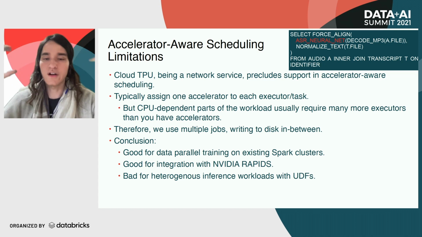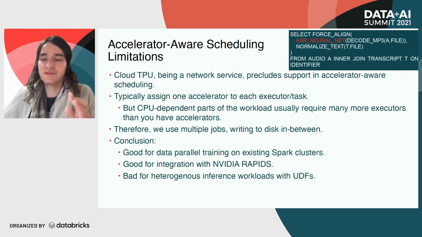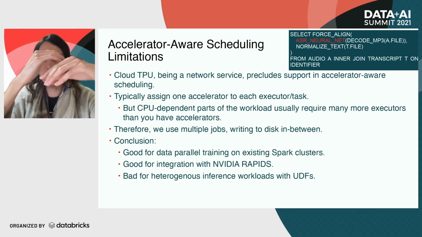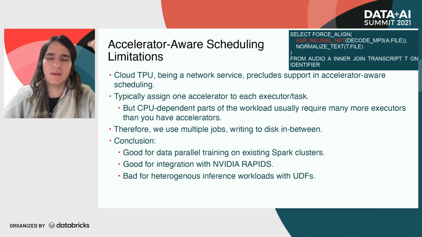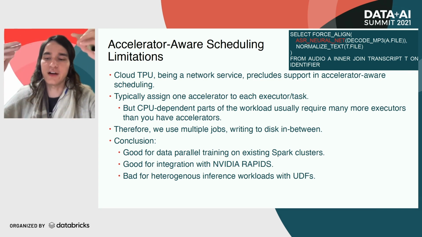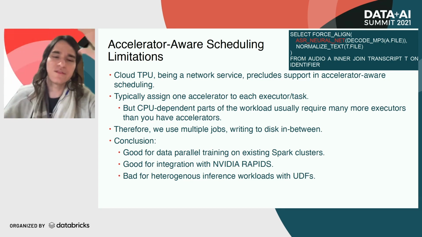So if you just want one single workflow in Spark, like one single Spark job, streaming each stage into the other, that doesn't usually work too well, because if you need like 100 CPUs for your CPU jobs, you're probably not going to need 100 GPUs for your GPU jobs. And there's things you can do. You can do fractional assignment of a GPU to a task, which can somewhat alleviate that issue.